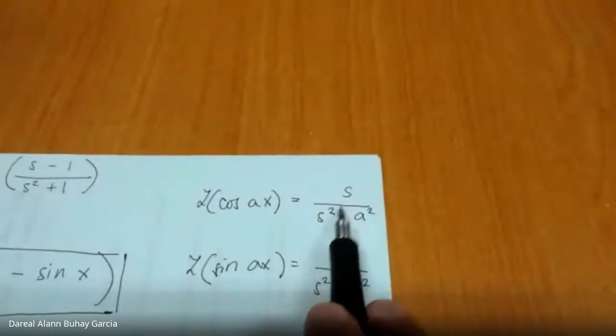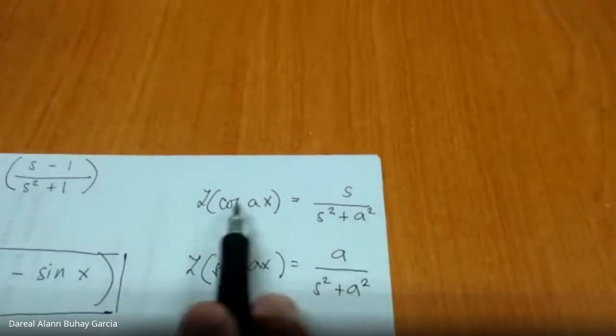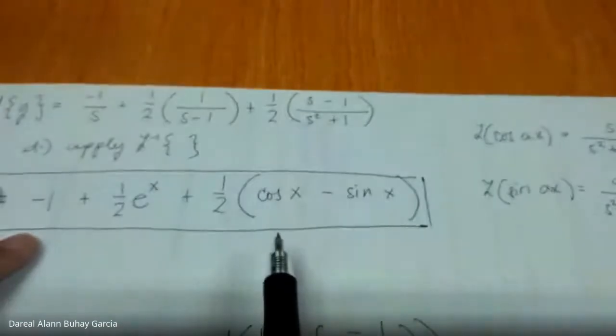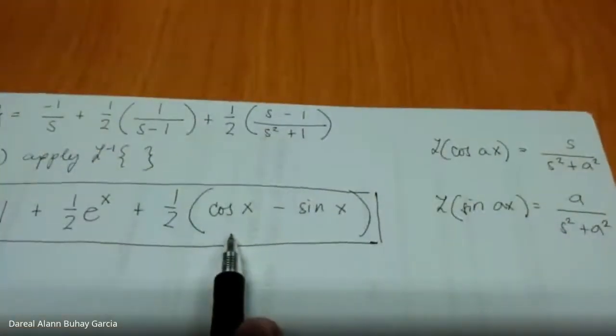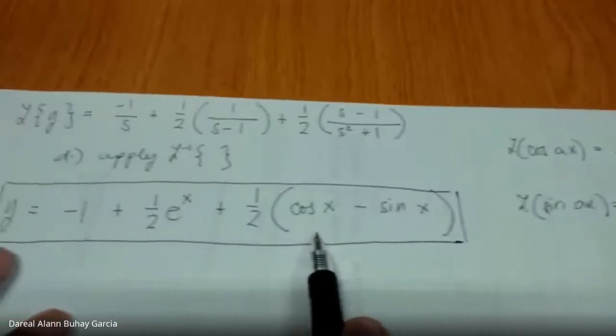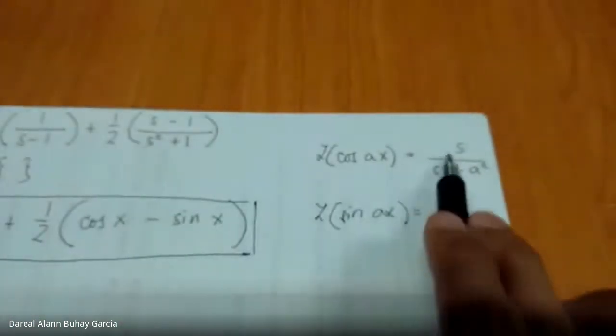The inverse of s over s squared plus 1 is cosine x. Everything is in the table.